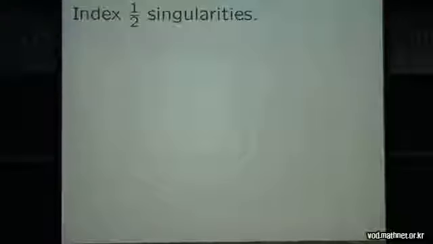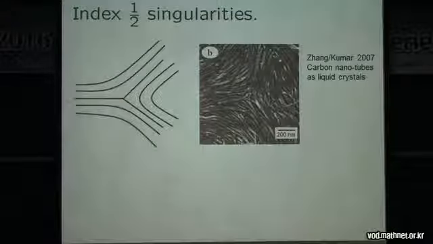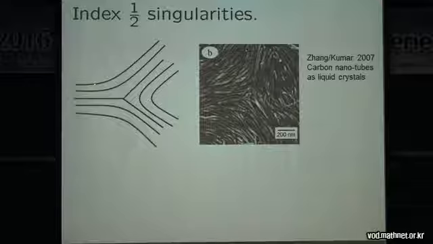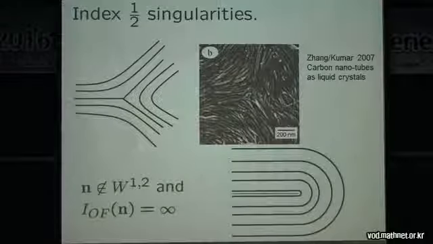Okay, and then there are index 1/2 singularities, which we already saw. So here the director is supposed to have zero component into the screen, and it's parallel to each of these indicated lines, and that's another index 1/2 singularity. And these also are not in W^{1,2}.